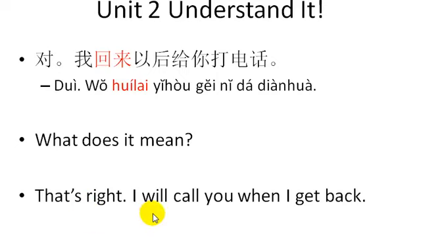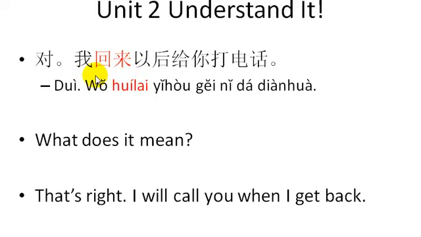That's right. I will call you when I get back. Actually here we don't have when. 以后, you remember, means after. So that's right. I will call you after I get back, or when I get back. But this 以后, the after, comes after return. In English we would say, after I return, I will call you.